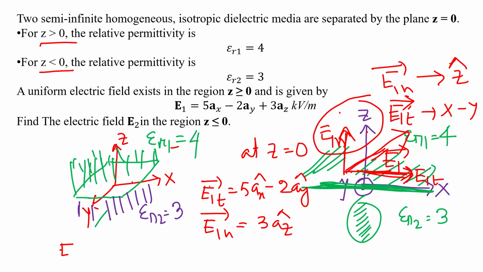The normal component E1n vector will be E1 vector dot which axis is perpendicular to the surface. If this is my surface, the axis which is perpendicular to the surface is z axis, so it will be my az cap or az vector. Okay, so this is how I can get the E1n vector.